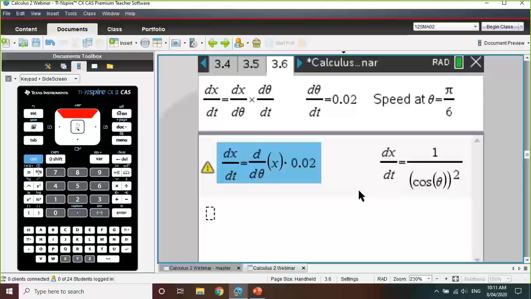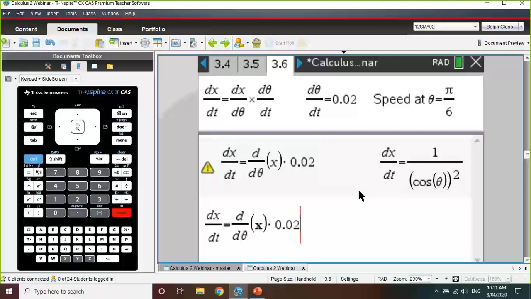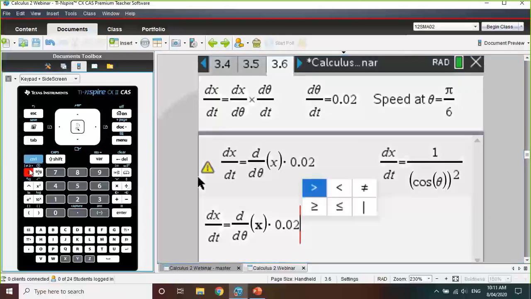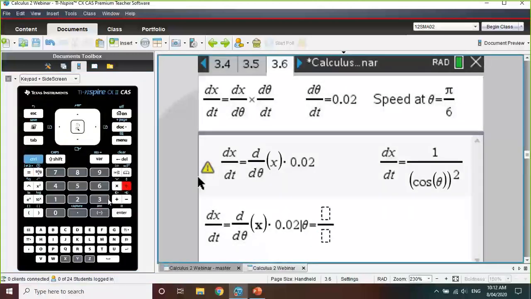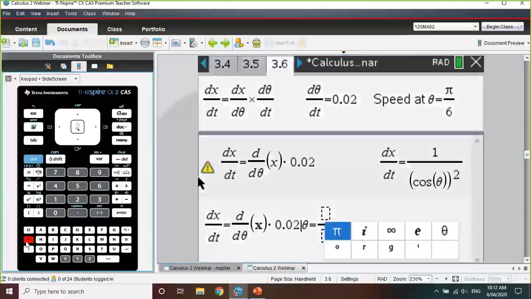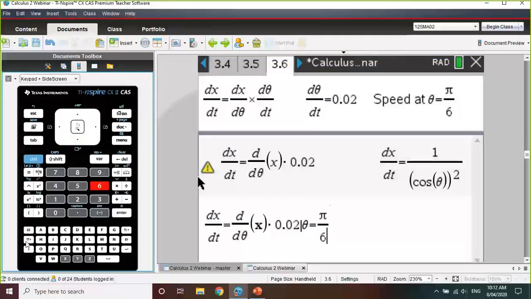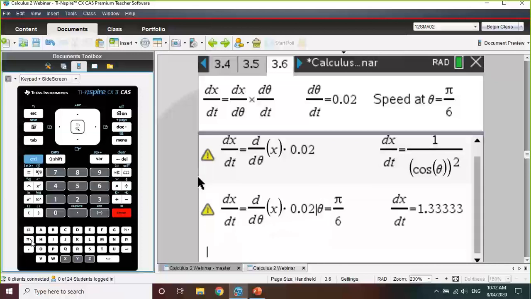So highlighting this, pressing enter to bring it down, I'm going to sub in theta equal to pi over 6. So control equals to get the vertical line, and then I'm going to say theta is equal to pi over 6. And remember, pi can be gotten from the bottom left hand of your CAS as well. Okay. So there we've got 1.33 recurring.